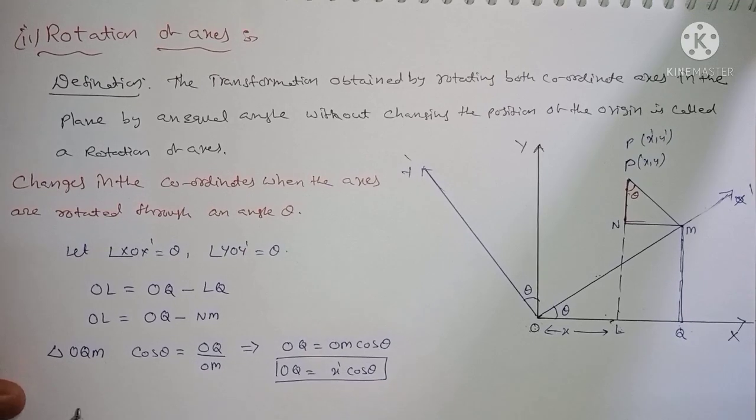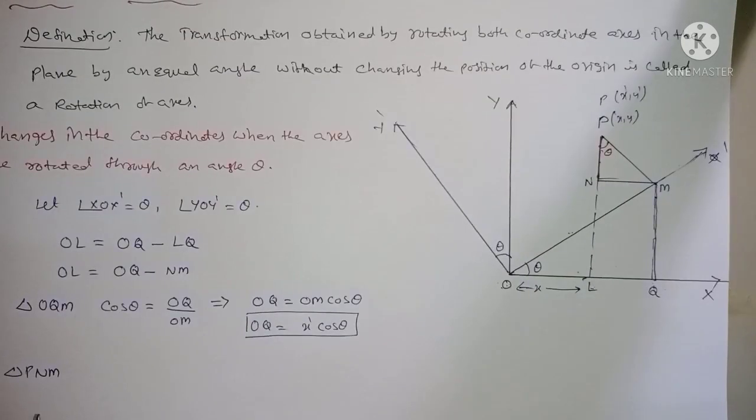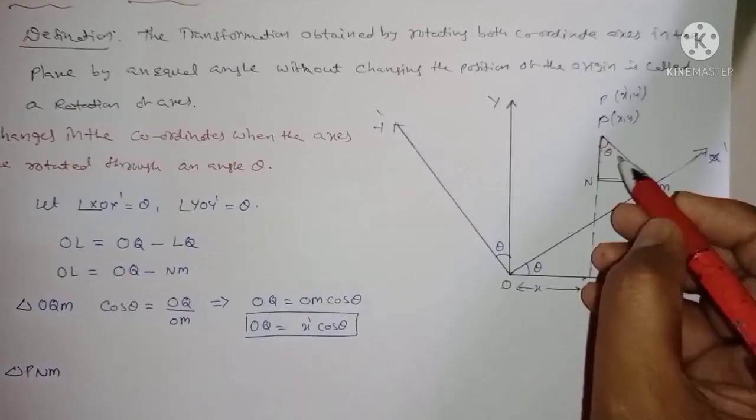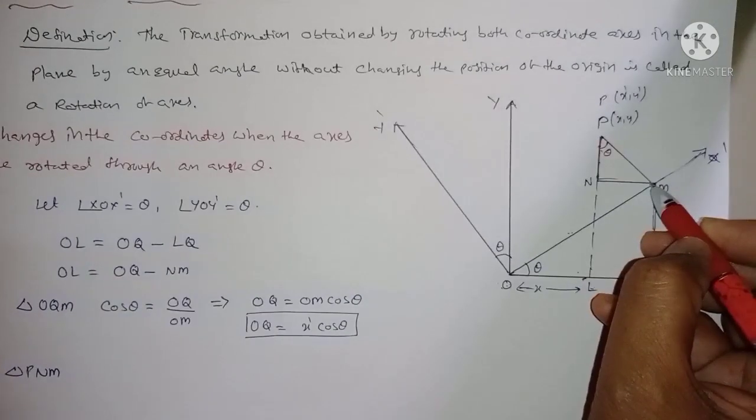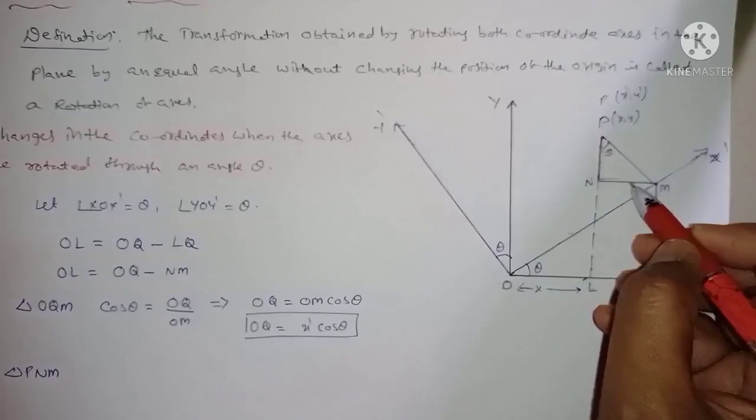Next, triangle PNM. We want NM, which is the opposite side.